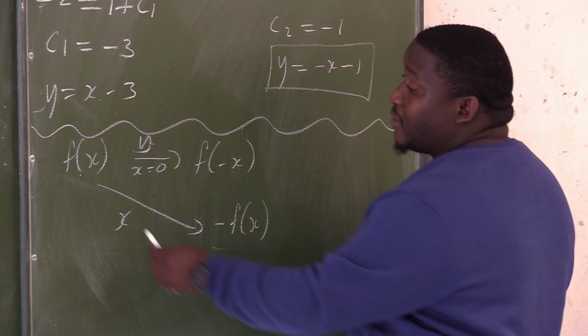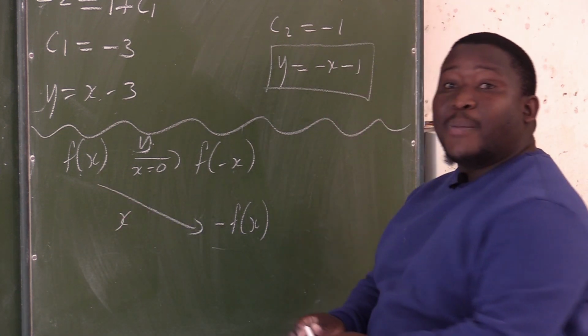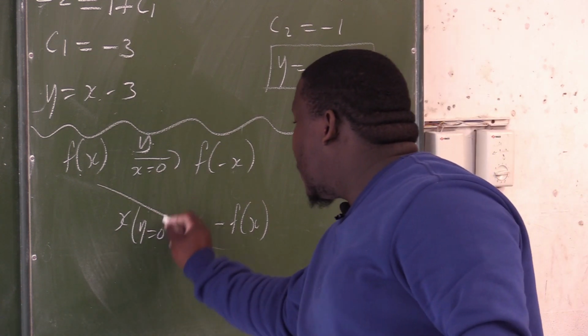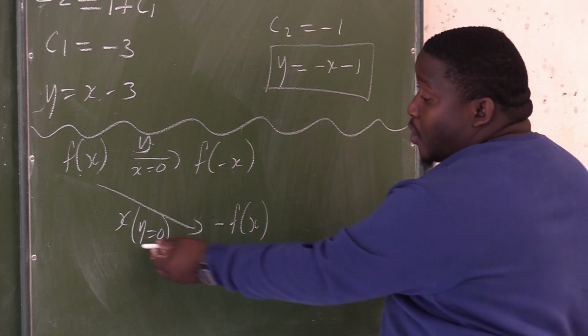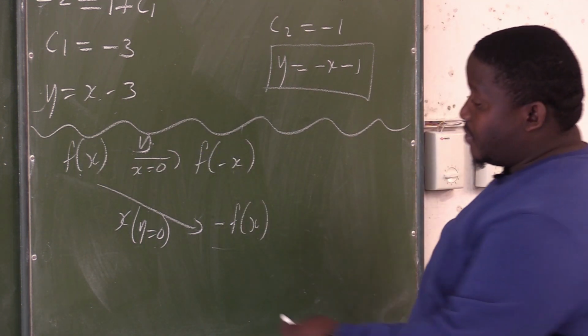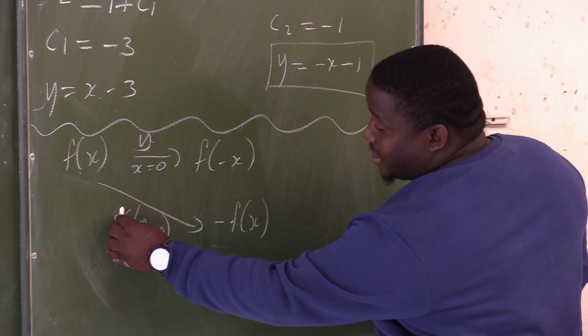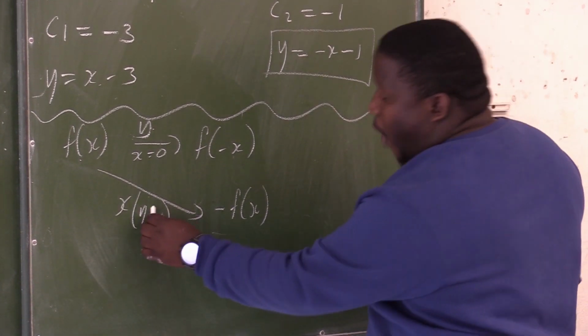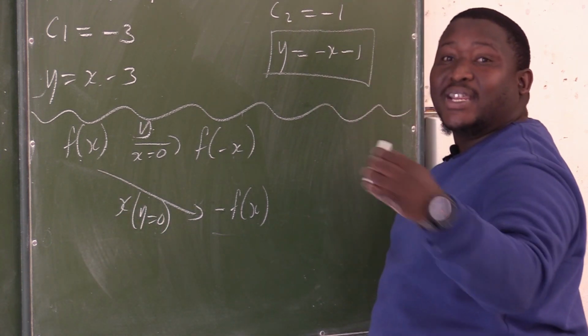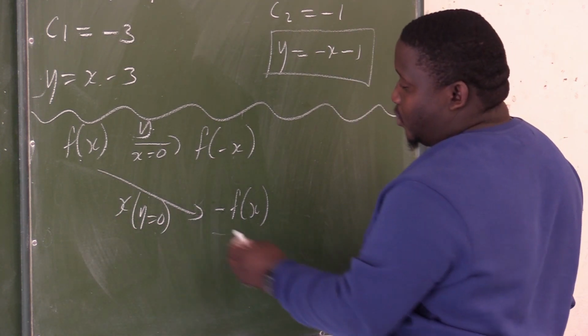If they say it's the reflection along the x-axis, they can say it's the reflection along the line which says y is equal to 0. Remember, y equal to 0 is the x-axis. That is why I say a reflection along the x-axis and the reflection along the line y equal to 0 are one thing. The x-axis equation is what? It says y is equal to 0.